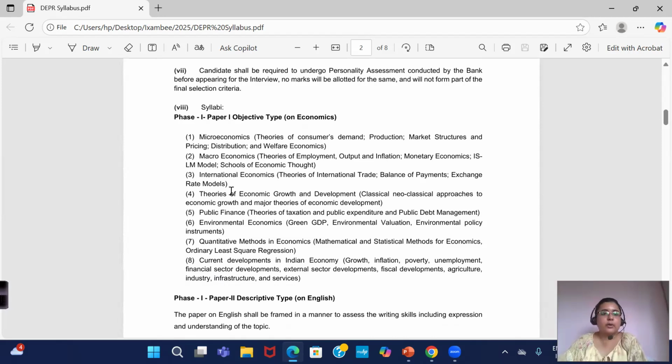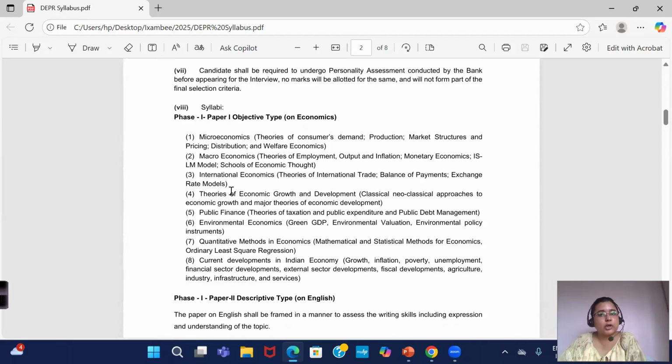Then moving on to macroeconomics, where we are going to study theories of employment, output, and inflation. Monetary economics is again an important part of the macroeconomics syllabus, where you have demand for money, supply of money, theories related to money, quantitative theories of money, and everything. Then the IS-LM model, which is related to goods market and money market equilibrium.